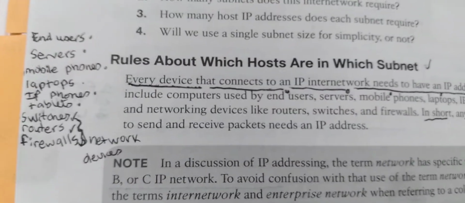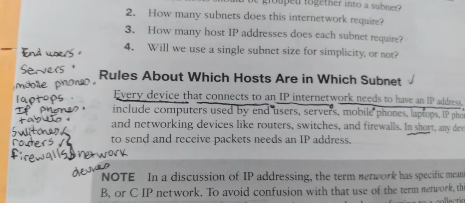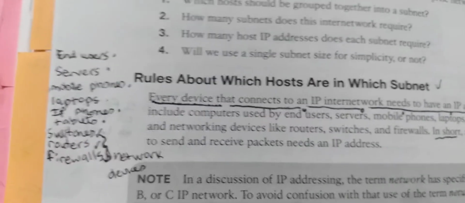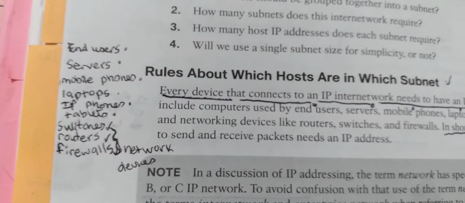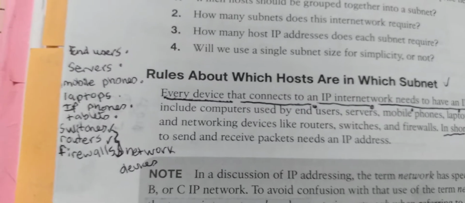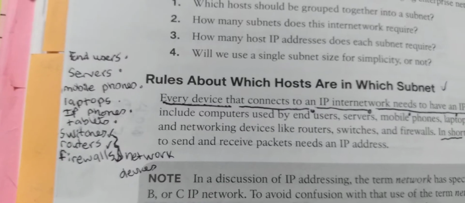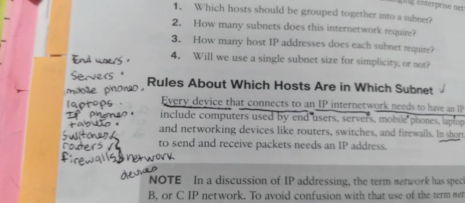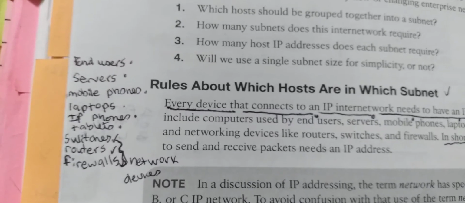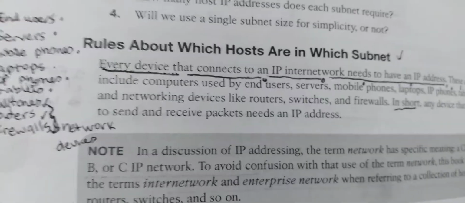And these devices include computers used by end users, servers, mobile phones, laptops, IP phones, tablets, and networking devices like routers, switches, and firewalls. So in short, any device that uses IP to send and receive packets needs an IP address.